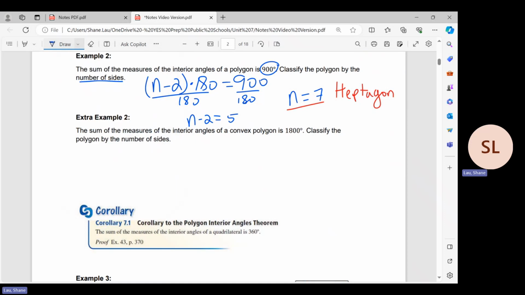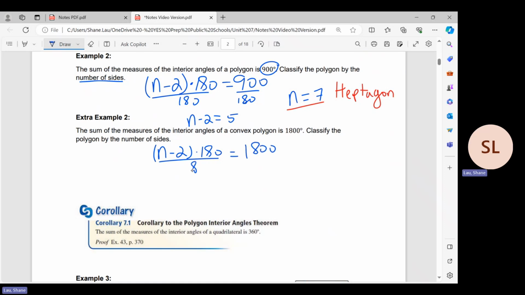Again, take some time to do extra example 2. But we're still going to look at it regardless. This is the exact same problem as example 2, just with some different numbers. So n minus 2 times 180 equals 1800.